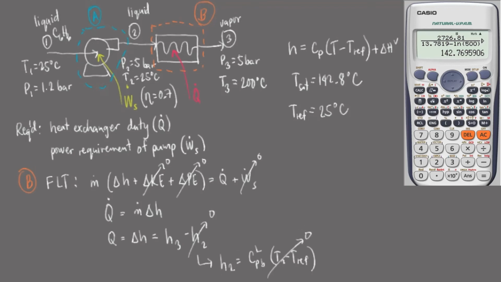Our simplified expression for the specific heat transfer would then be only equal to H3. And we write our H3 as Cp of benzene liquid multiplied by the saturation temperature minus the reference temperature. The first term we have written here pertains to the enthalpy gain of the benzene stream in its liquid form.